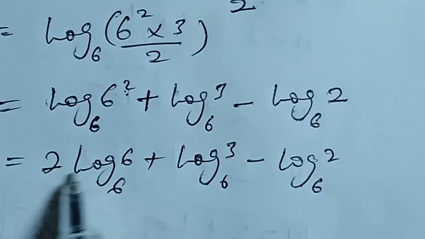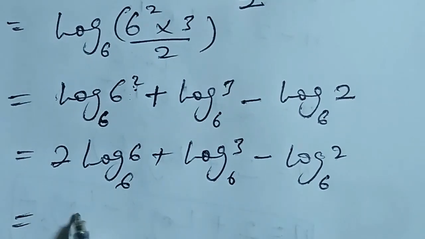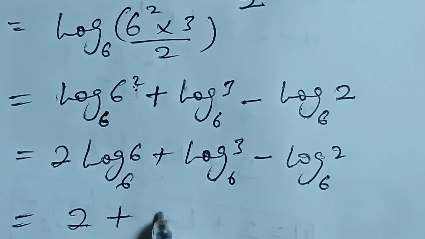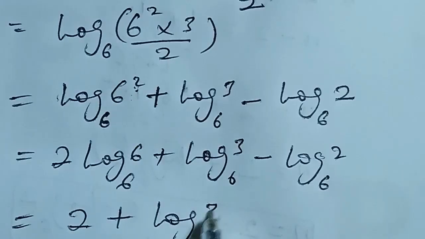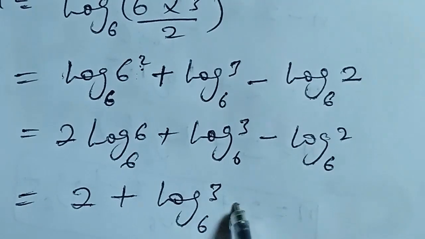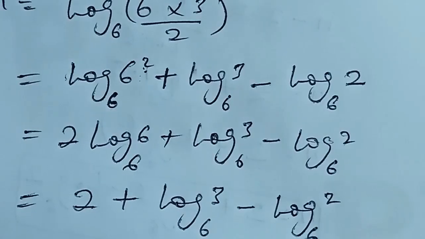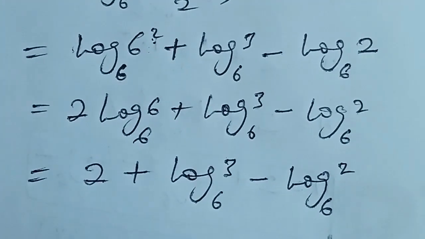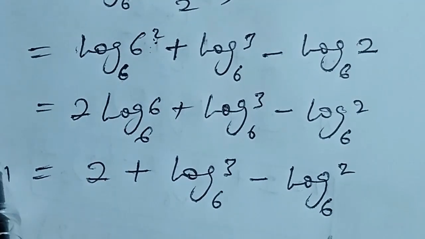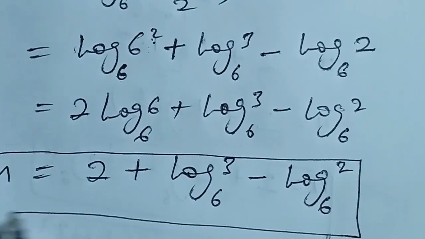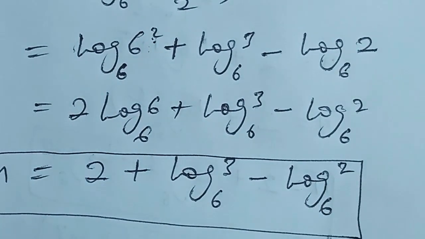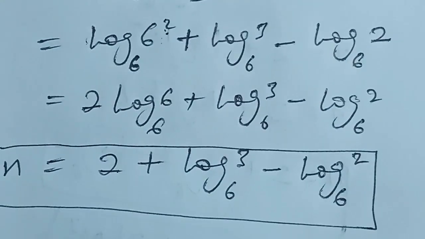We now have 2 plus log 3 base of 6 minus log 2 base of 6. And that is the proof of the reverse of n using the shortcut method.